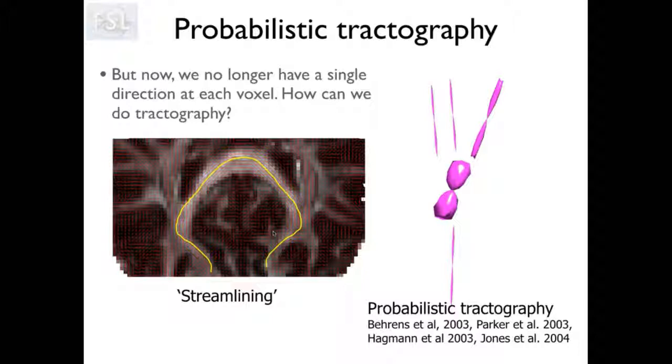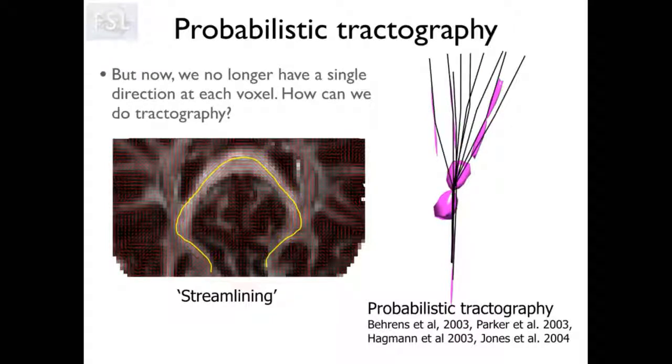So now, given a starting point, I can start throwing thousands of streamlines, and each and every streamline will see a different estimate of the orientation of that voxel, that in this voxel will be very constrained, but will explode in this voxel, for example. So I start throwing all the streamlines that I have, and this is roughly the result that I get. I don't have just one orientation, so a single streamline that will run upward, but I also have fibers that will start fanning and reaching different areas of the cortex, thanks to the uncertainty estimate that I get out of bedpostX.